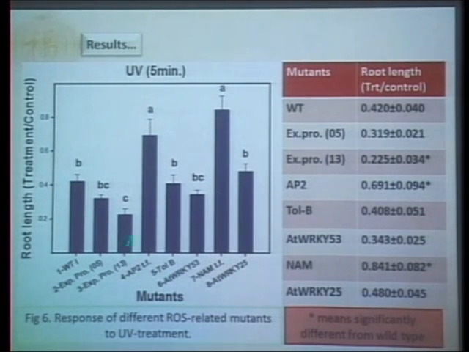But look here, the mutant of expressed protein is much more highly sensitive as compared to wild type. So we can say that this gene might be involved in enhancing the tolerance of the plants against UV stress.